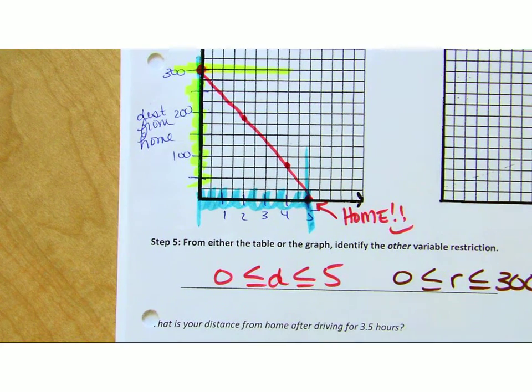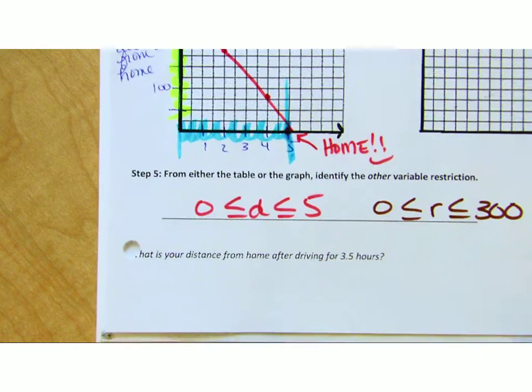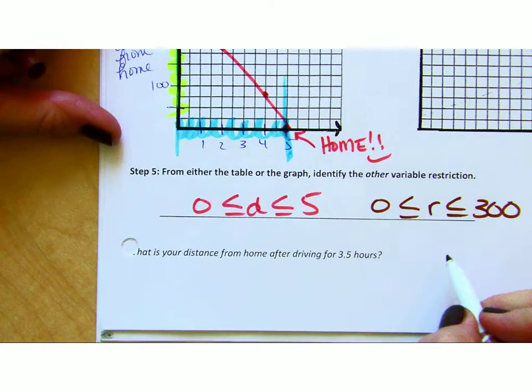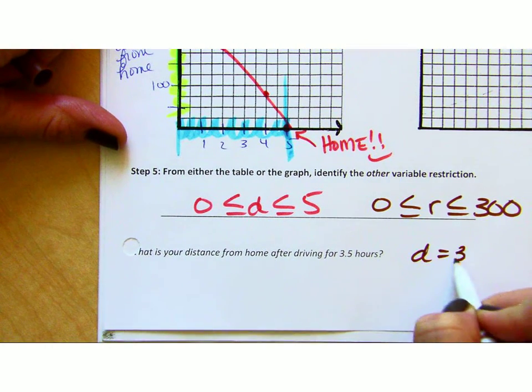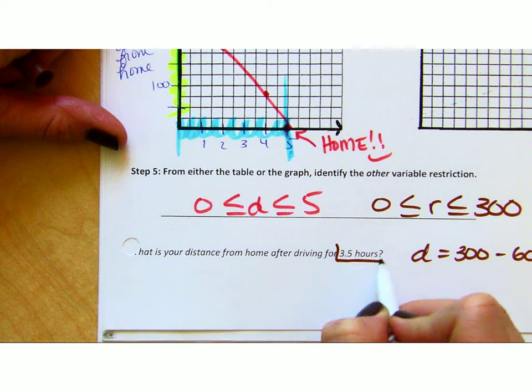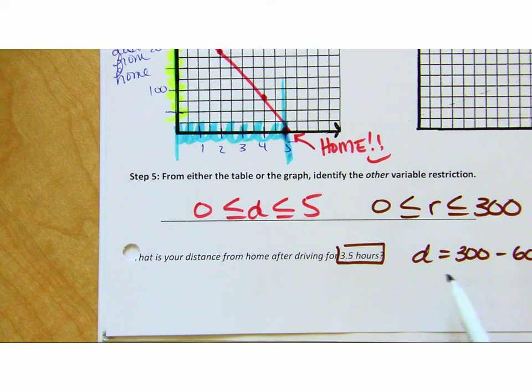And then it might ask you a question about this. It might say, all right, you've been on the road for 3.5 hours. How far are you away from home still? So you know what you have to do? Don't forget about this amazing equation that is here to help you. Where do you put 3.5? Is it a T or a D? It's a time. So I put it there. I multiply it by 60.